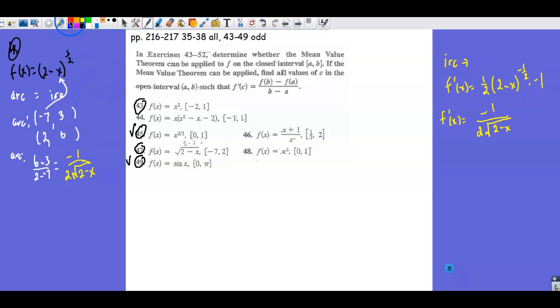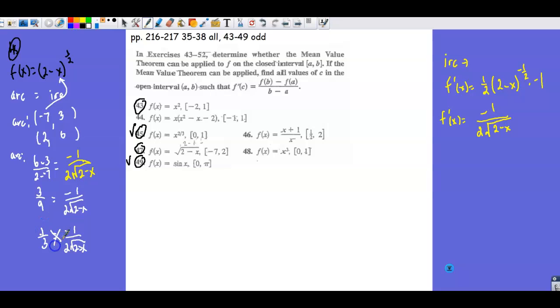So I have to solve for x. 0 minus 3 is -3 over 2 minus -7 is 9, equal to -1 over 2 square root of 2 minus x. That is -1 over 3 equal to -1 over 2 times the square root of 2 minus x.